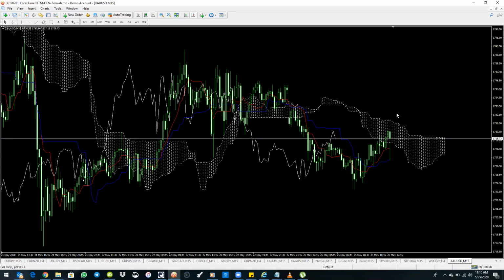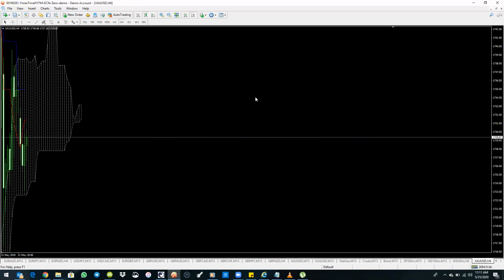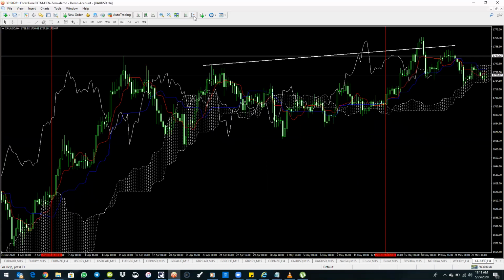Another thing to take note, another thing that people trade in Ichimoku, you can see these two, this blue line and this red line. They act almost like moving averages. Let me put it that way. You can also come back to the 4 hours, right?